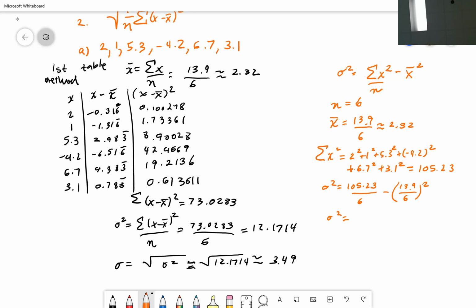And I get 12.1714, which is the same as that. And when I take the square root of that, it's going to have to give me the same thing. And as you notice, there are advantages to doing it this way versus the other way. But in general, that's how we do it.